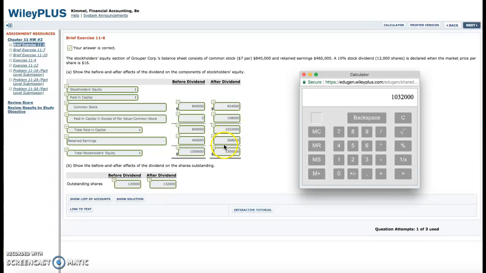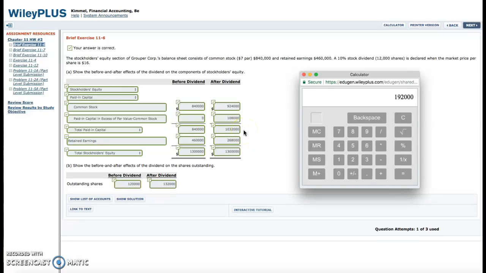And the difference between 1,032,000 and 840,000 is going to be the difference that we'll have a decrease in our retained earnings. So we do the math there. Subtract 840,000, and the number is 192,000.